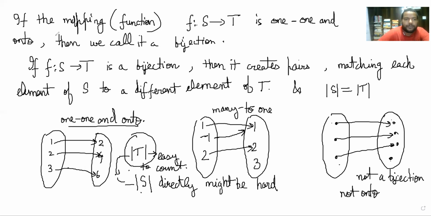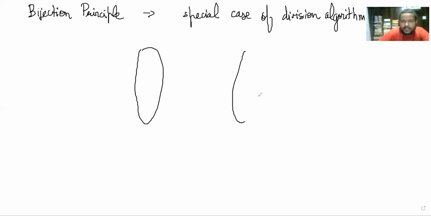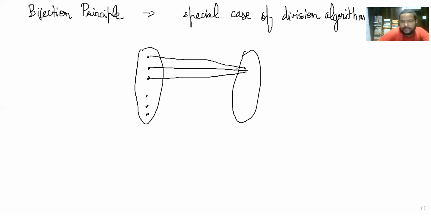So this bijection principle is basically a special case of the division algorithm that we saw. In the division algorithm, if you remember, we established a D-to-1 mapping, right? Here we had 1, 2, 3, 1, 2, 3, and these ones were mapped to one element, and these were mapped to another element.